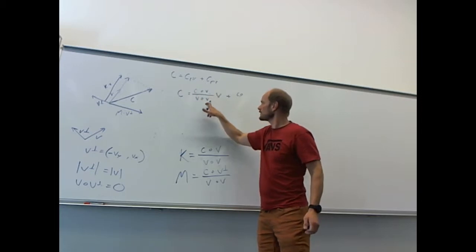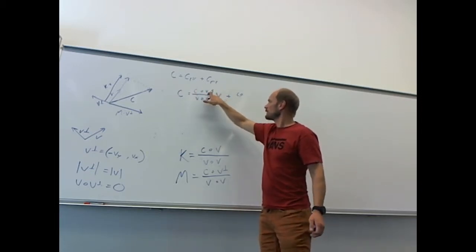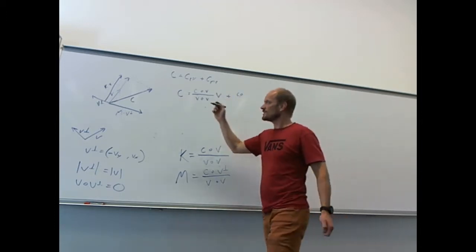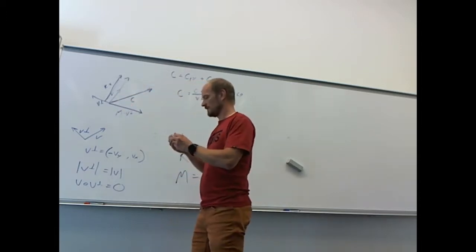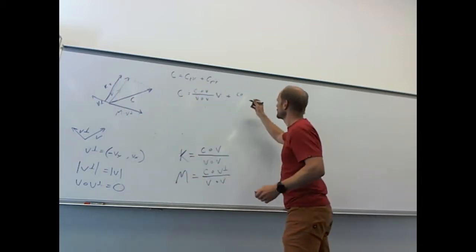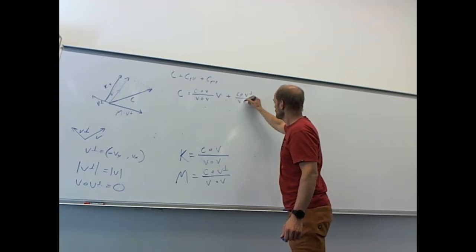So this is just a number. This is just a scaling factor on v. So we have our scaling factor that if we multiply it with v, we get a vector that's parallel to v and is exactly the correct length to be the part of c that is parallel to v, plus c dot v perp divided by v dot v times v perp.